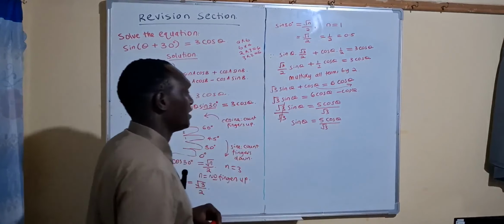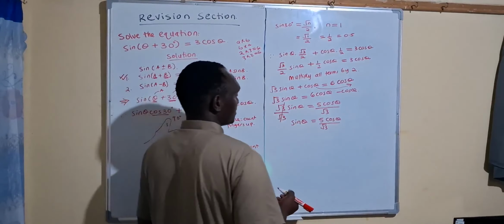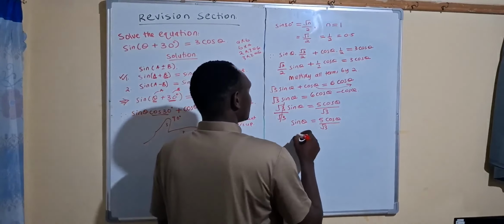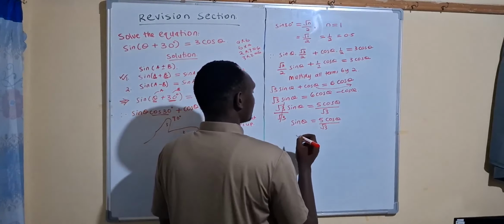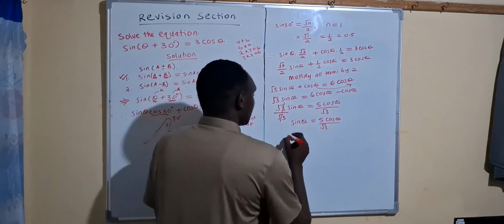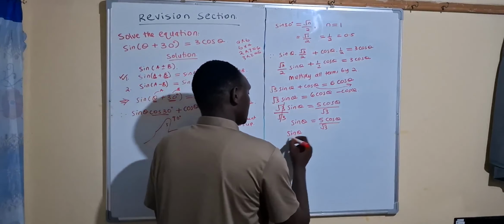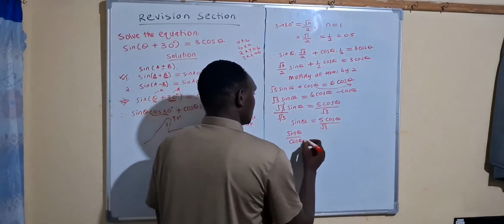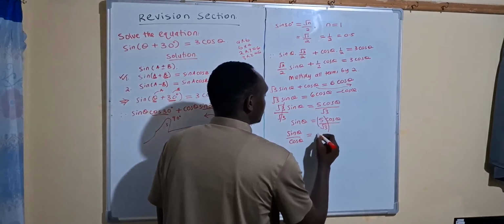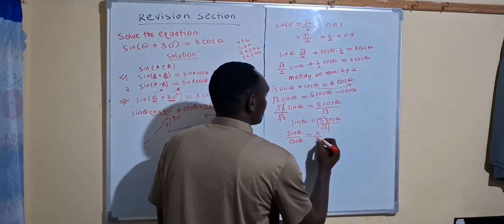What is the second step here? I can divide both sides by cos theta so that I can get tan. If I divide both terms by cos theta, they will look like sine theta out of cos theta. Let me group this one as one term, so that is 5 divided by root of 3.